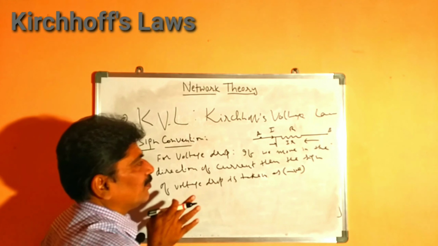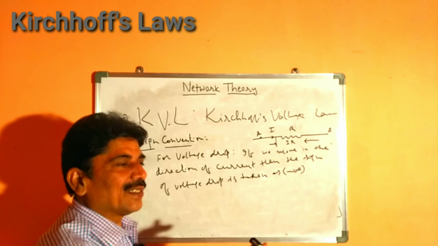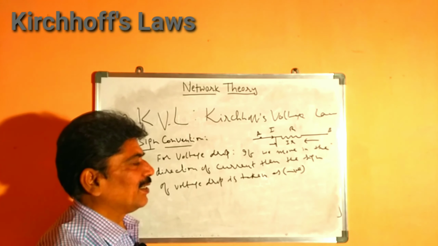That means if we move in the direction of current and there is any drop in the branch, the sign of that voltage drop is taken as negative.